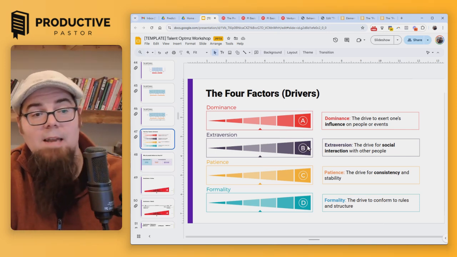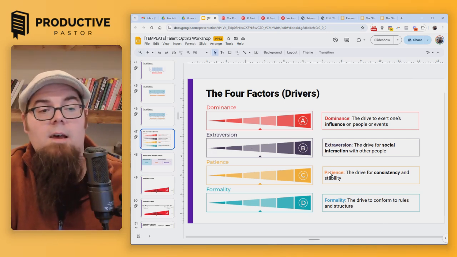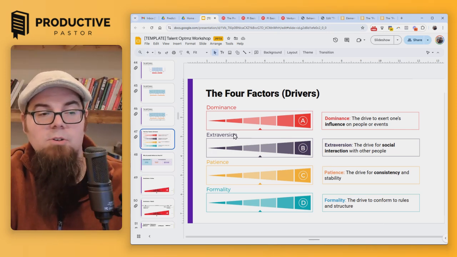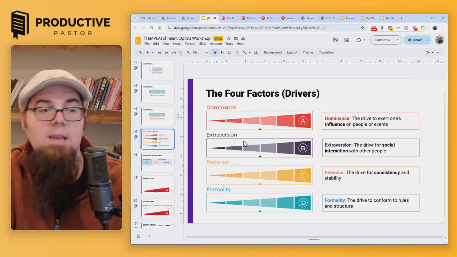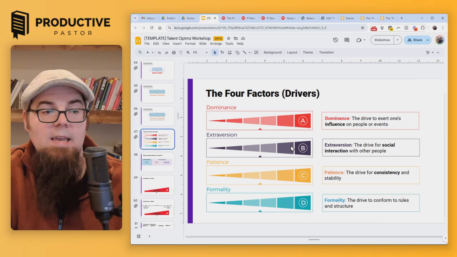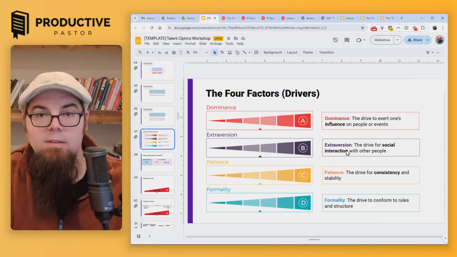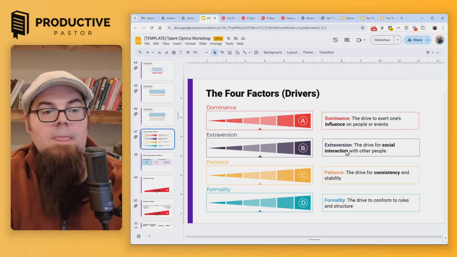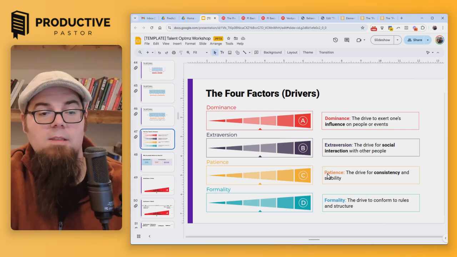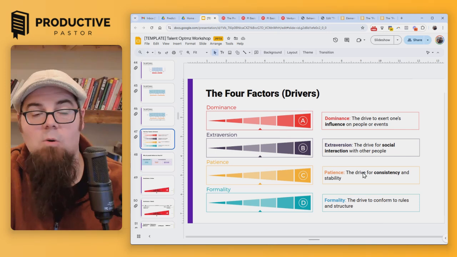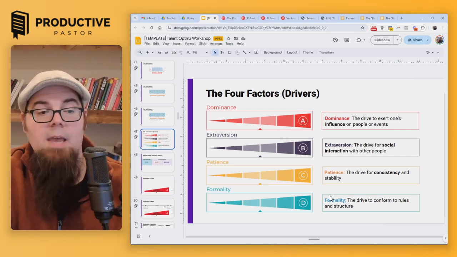And you can either have a lot of that or a little of that. They use extraversion as just a word that means this, but this doesn't mean this person's extroverted, this person's introverted. It's measuring the need for social interaction. That's different than extroversion or introversion. C, patience, is the drive for consistency or stability. And then the D drive is the drive to conform to rules and structure.